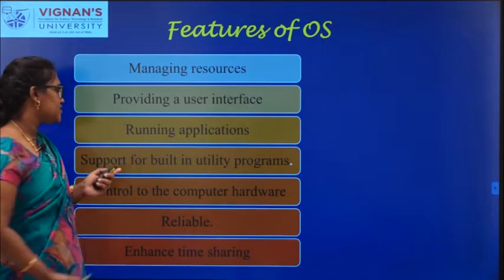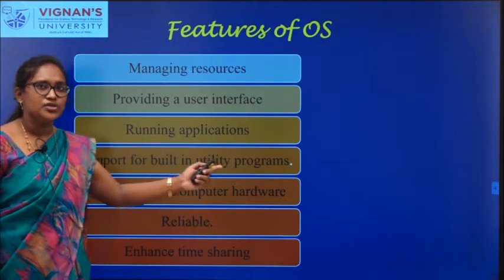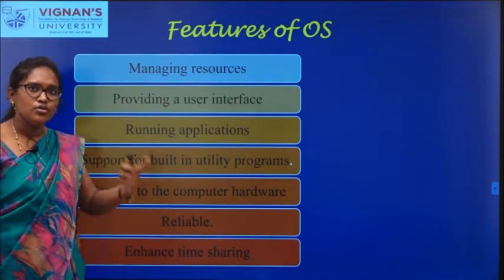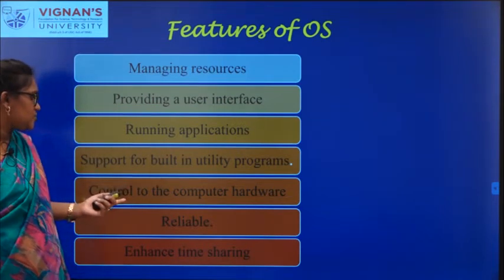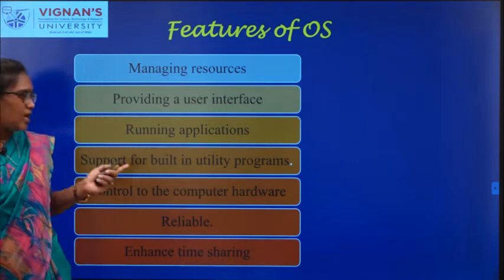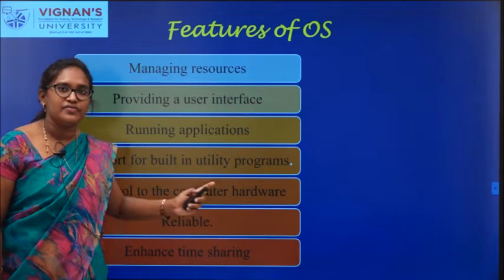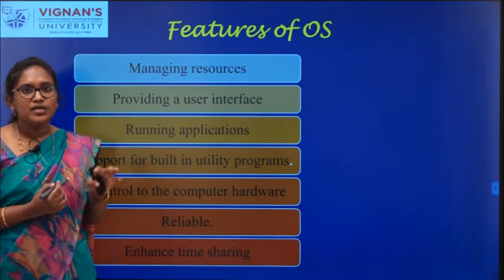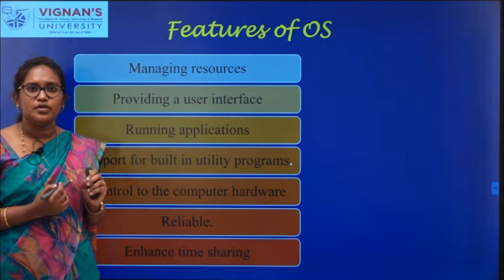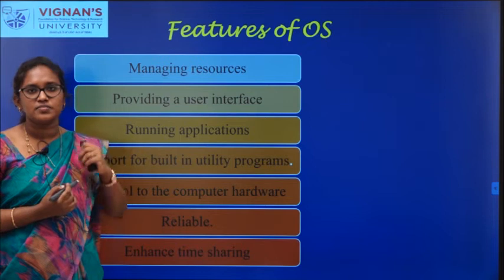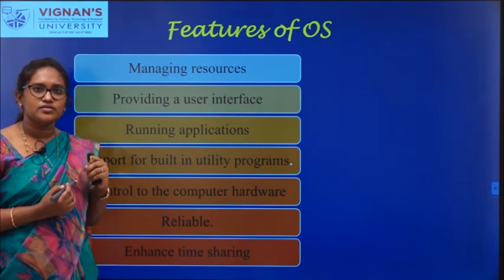So such kind of running applications will be managed by the operating system. Next one, it supports built-in utility programs. That means you can design your own programs. Next one, control to the computer hardware. If I am pressing some letter, hello, on the keyboard, whenever I am pressing hello on the keyboard, it should be visible on the monitor. Yes or no?